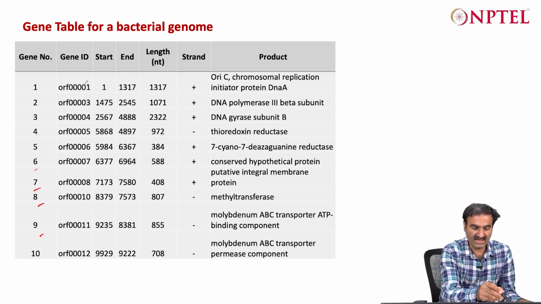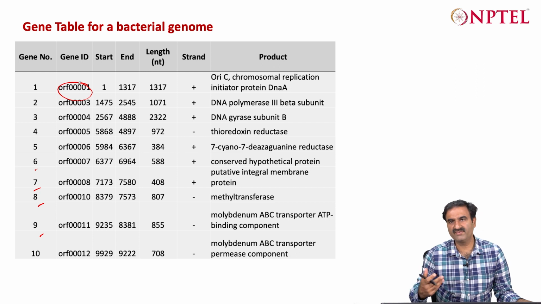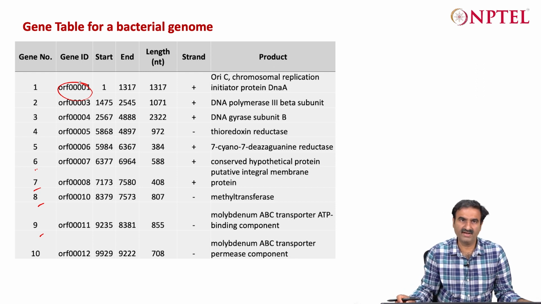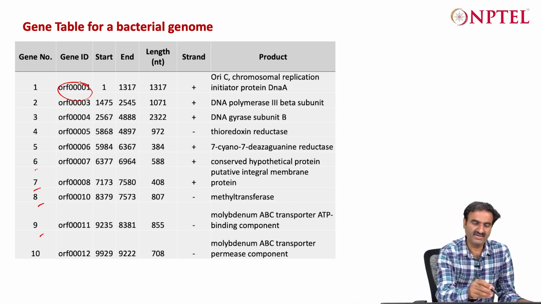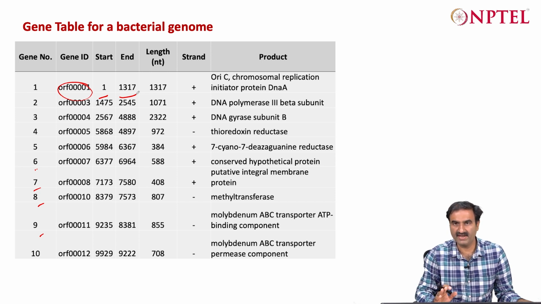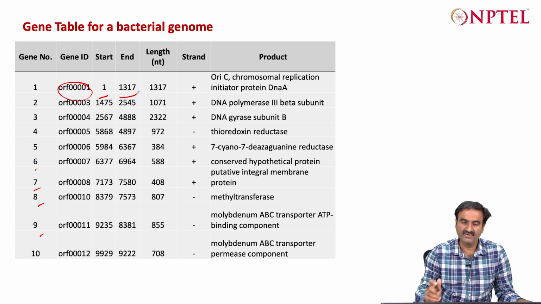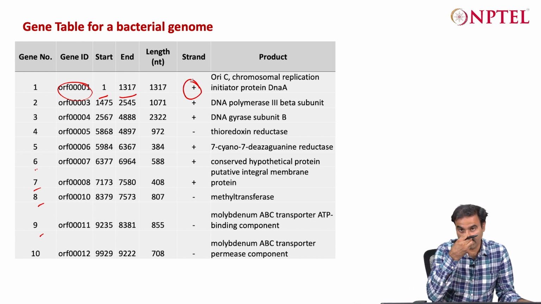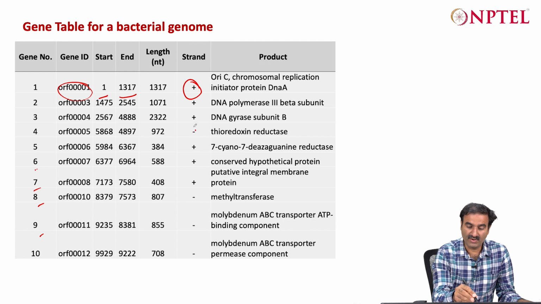They will also have a gene ID, which could be a standard gene ID, or an intermediate gene ID which you have generated from your program or for your genome. Then the start and the end of the gene: it starts at position number 1 and ends at 1317, so it is 1317 base pairs long, and divided by 3 it gives a certain number of amino acids. It is present on the positive strand, and that information is also important, which strand it is on.